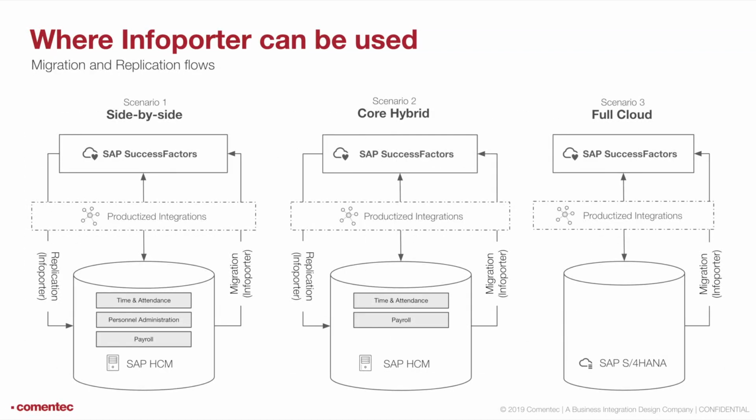This really is an overview of some of the common deployment scenarios. Infoporter can and should be leveraged with any of these scenarios. Our approach, based on our experience, is to start with EC, and within that, core hybrid deployment is the most common when you are moving your core HR to the cloud.